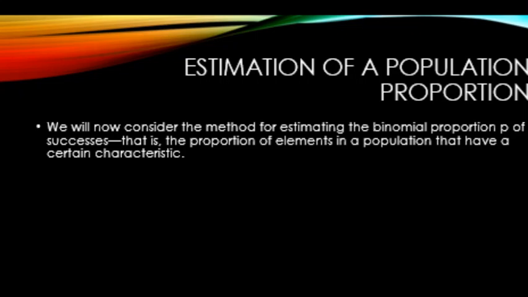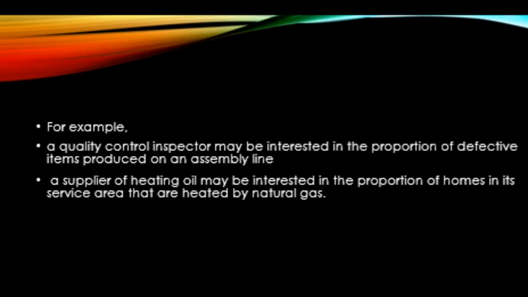So think of the binomial experiment. Here, we are interested in the proportion of elements in the population that have a certain characteristic. A couple of examples here. A quality control inspector may be interested in the proportion of defective items produced on an assembly line.